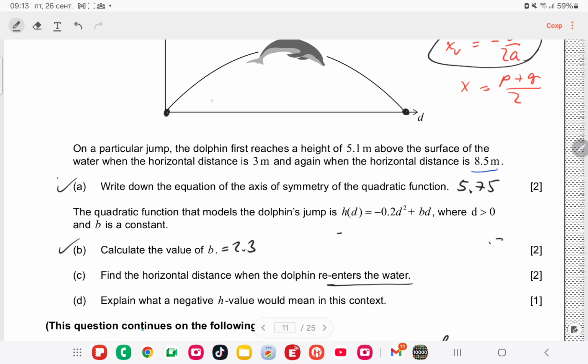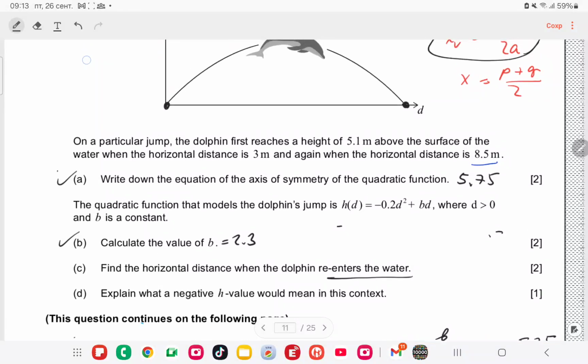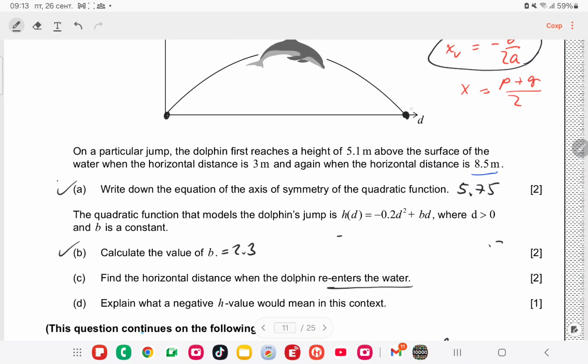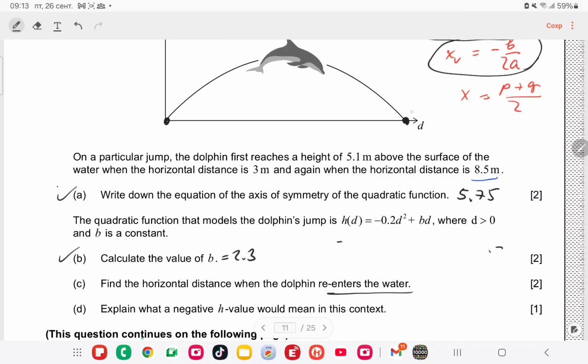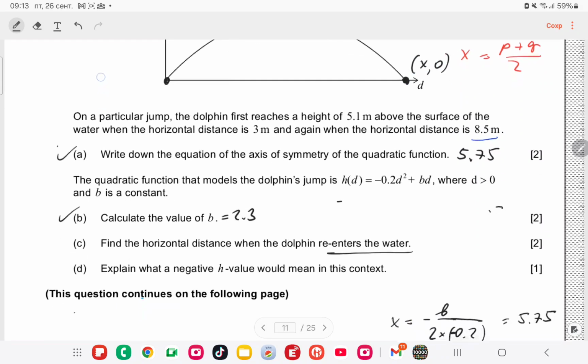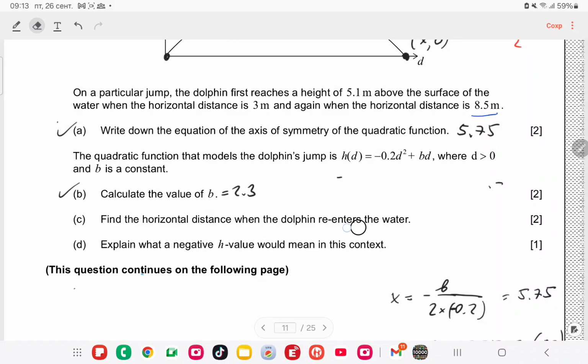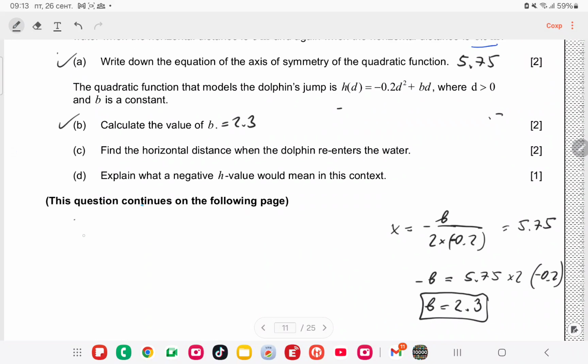This is the first time, this is the second time. This point is the x-intercept, or we can say that at this point the height is equal to 0. So this point has coordinates x and 0.